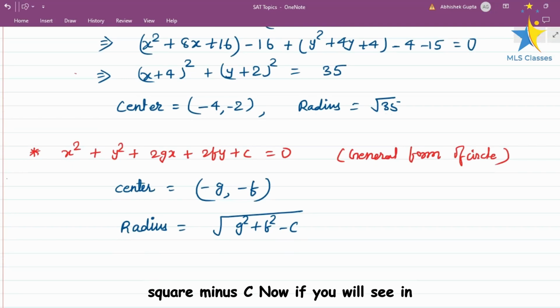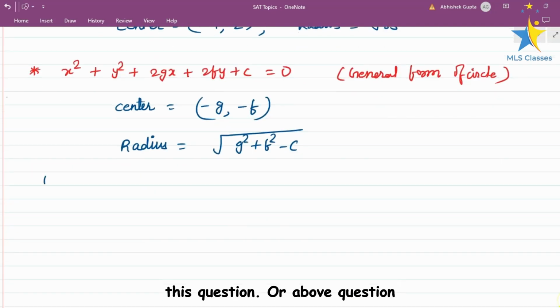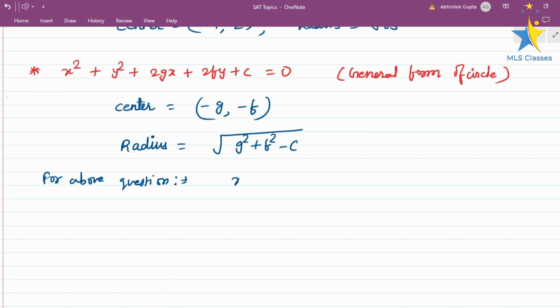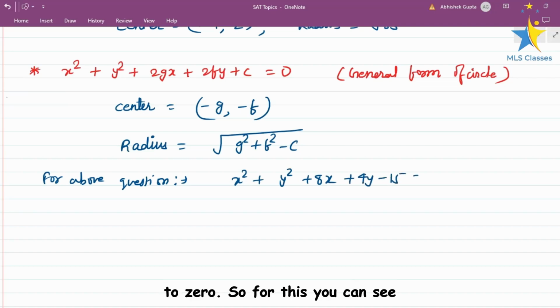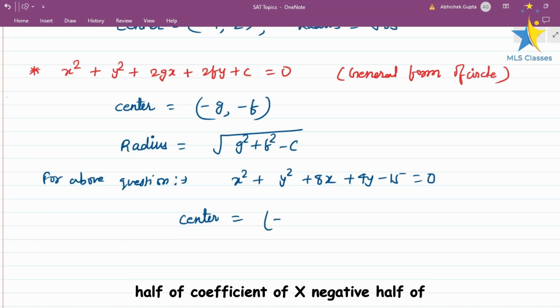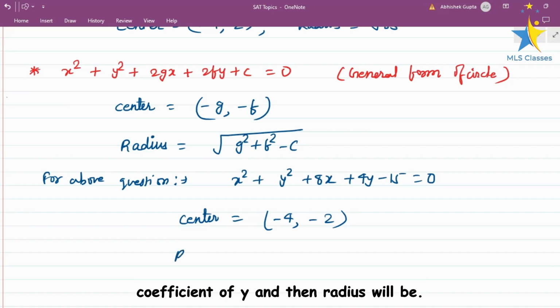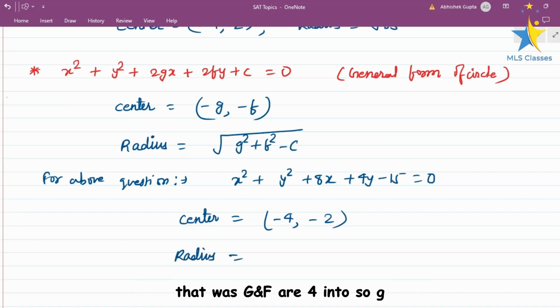Now if you look at the above question, we had x square plus y square plus 8x plus 4y minus 15 equal to 0. For this, you can see the center will be simply negative 4, that is negative half of the coefficient of x, and negative half of the coefficient of y. These are negative g and negative f, which means g and f are 4 and 2.